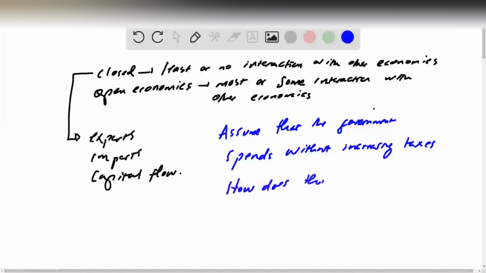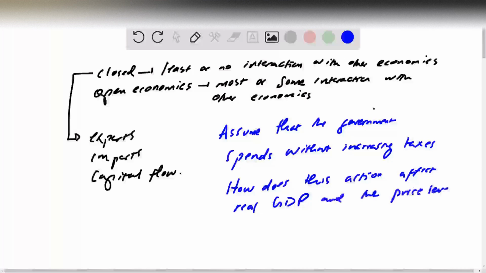How does this action affect real GDP and the price levels?